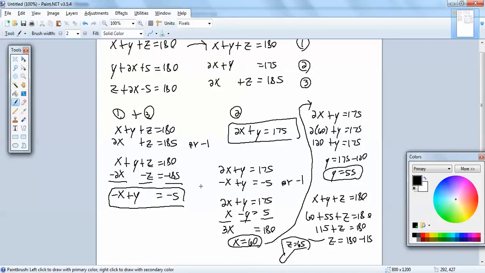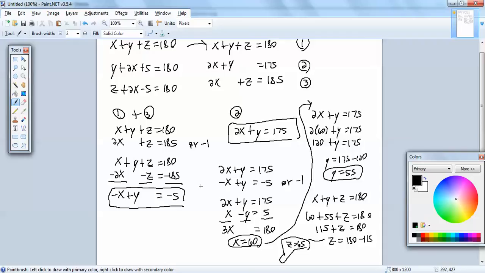Okay, let's see if those all add up. 60 plus 65 plus 55 gives us 180. That checks. And y plus 2x, 55, plus 2 times x is 120, plus 5, 180.